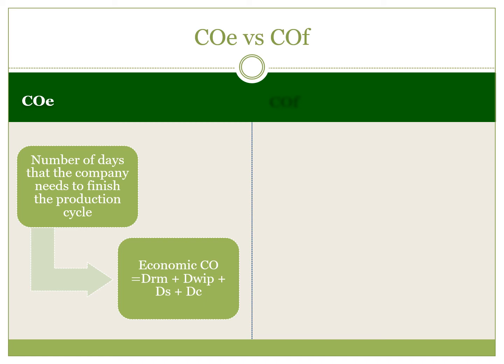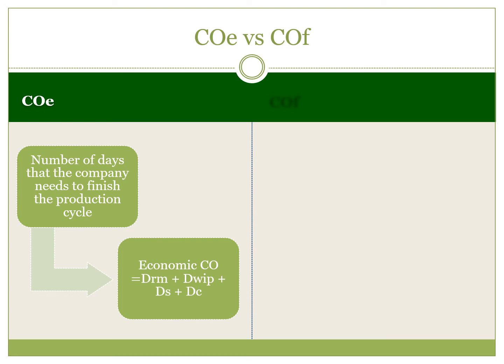We have the days that the raw material is in the warehouse, and the days that the company needs to transform this raw material into products. This is the days of the work in progress. We have the sales days, which are those days that the company needs to sell the product. And then we have the collection days, which are the days that the company needs in order to collect the money from the sales.